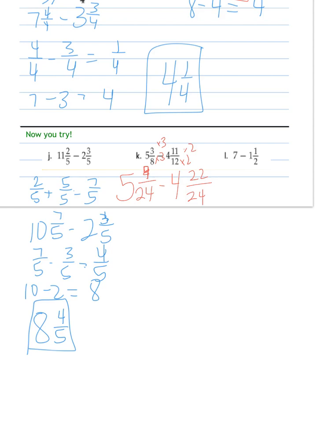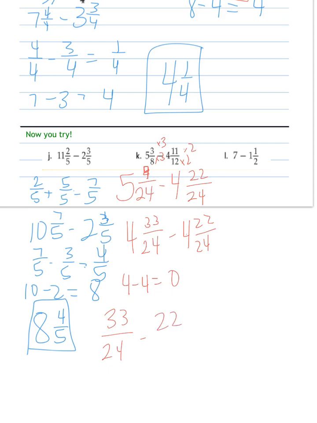Now, when I turn one of those 5s into a 24th, I would have 4 and then 9 plus 24 would be 33 24ths minus 4 and 22 24ths. 4 minus 4 equals 0. 33 24ths minus 22 24ths would be 11 24ths.